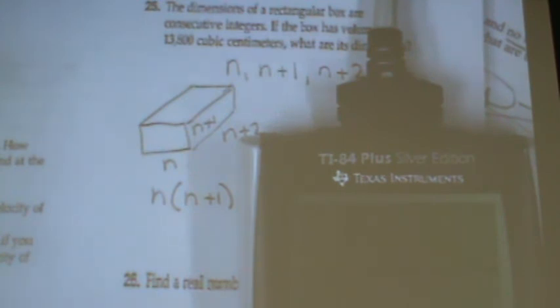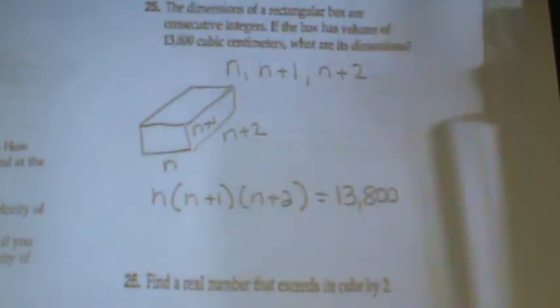I have something typed in wrong. Oh, I did not type in minus, that's what I did wrong, minus 13,800. Now hit graph. Now you should see the answer, and it is right there. I did not type in my number.